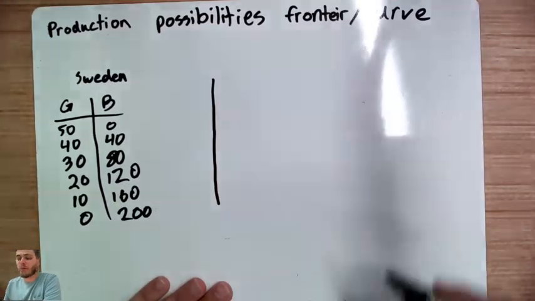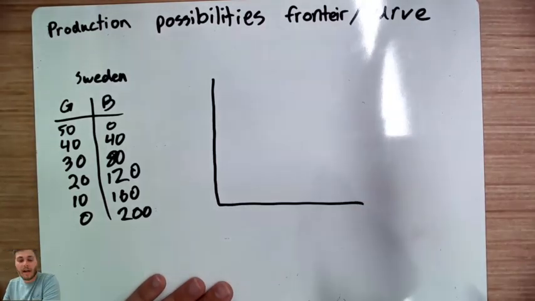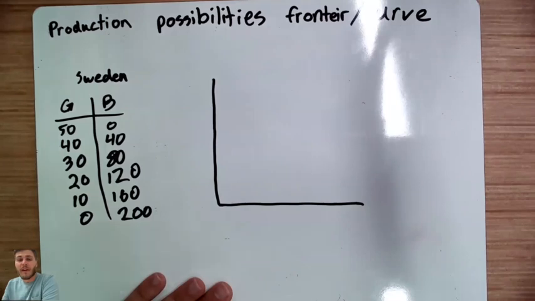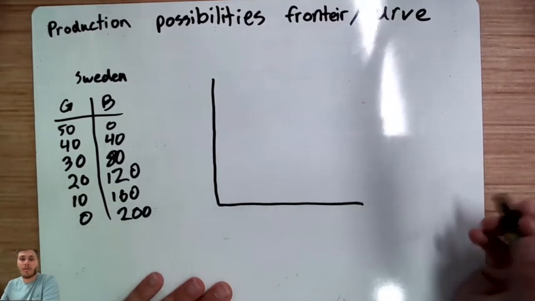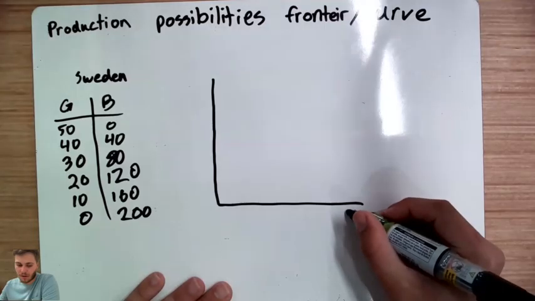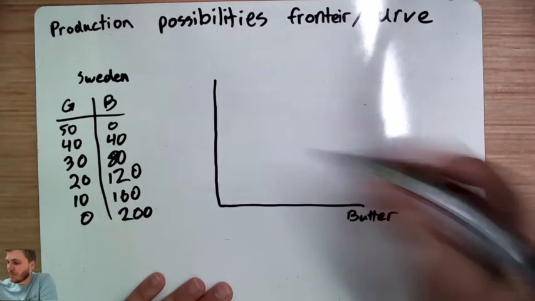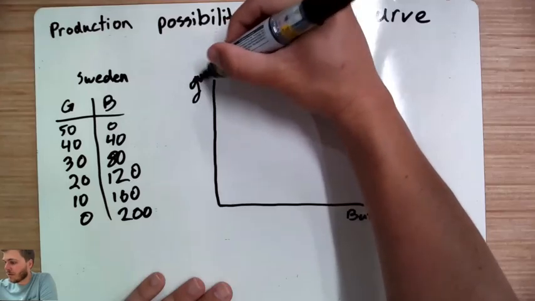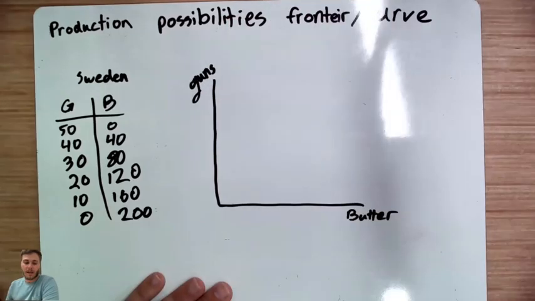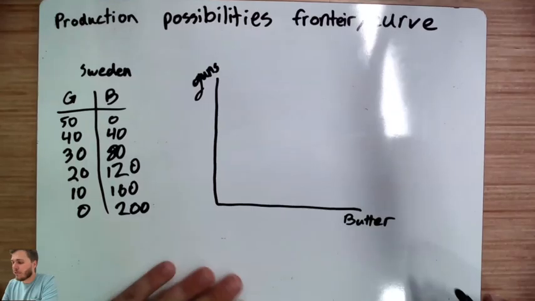All right. So all our graphs in economics are going to have an X and Y axis. It's going to be very important that we always are labeling our axes. So I'm going to put butter here on the bottom. I'm going to put guns up here. And I can graph this. It does not matter too much to me how the scale is, at least for this.